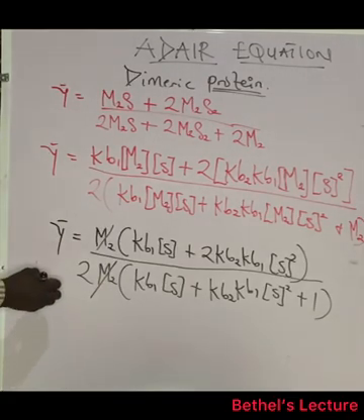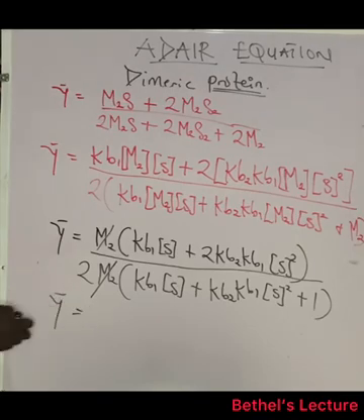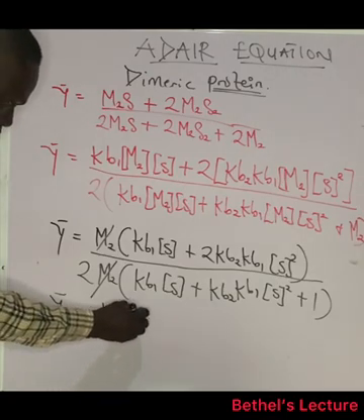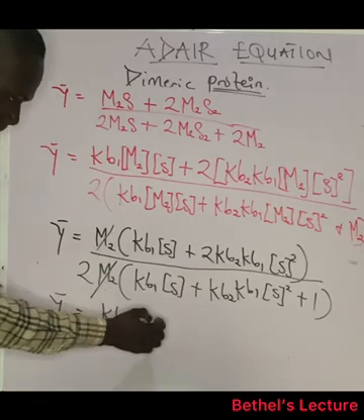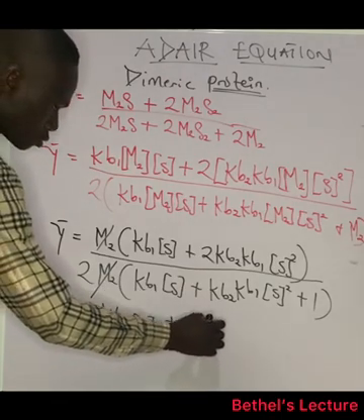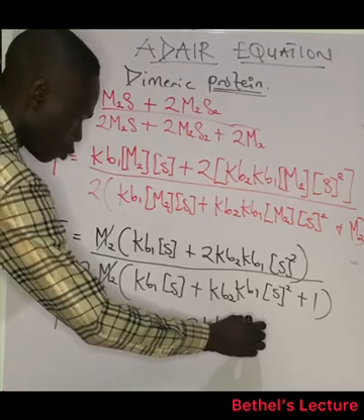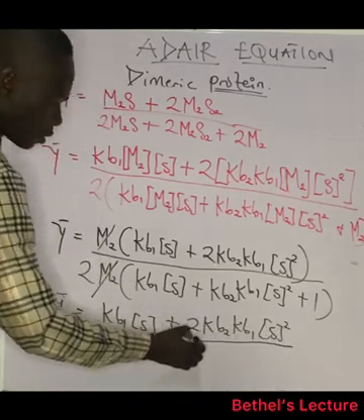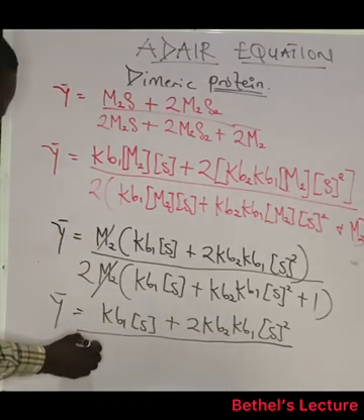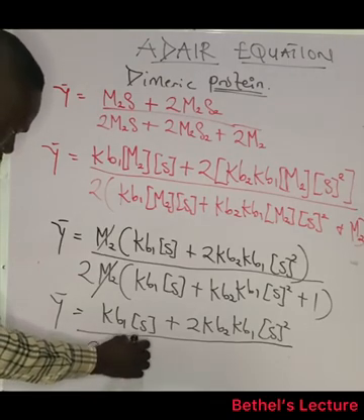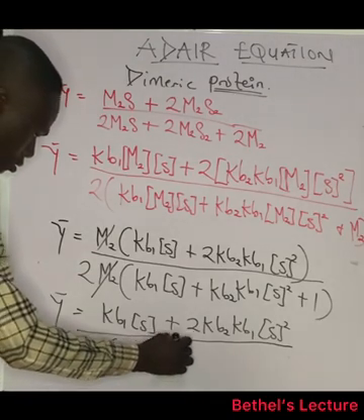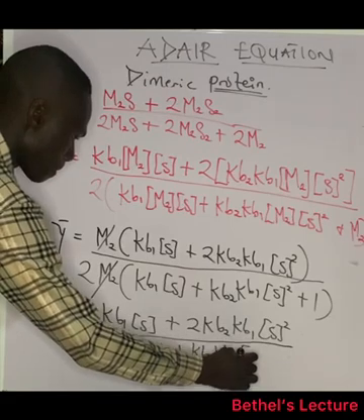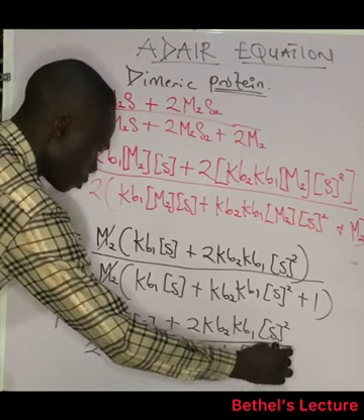So that our final answer for the dimeric protein Adair equation will be KB1 S plus 2 KB2 KB1 S squared, all over 2 open bracket KB1 S plus KB2 KB1 S squared plus 1.